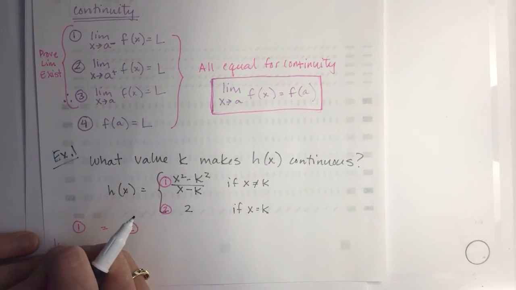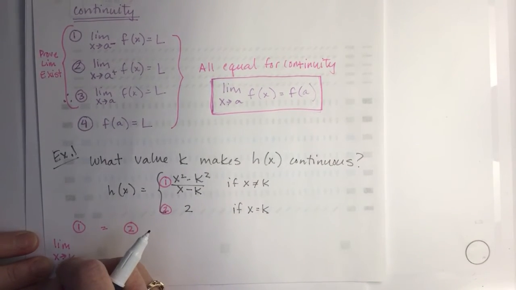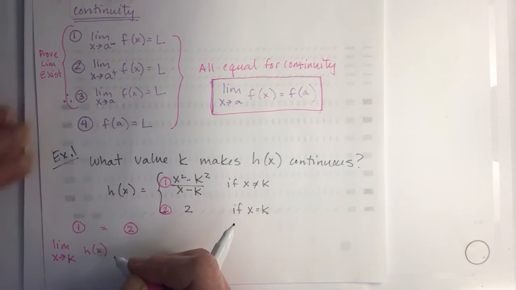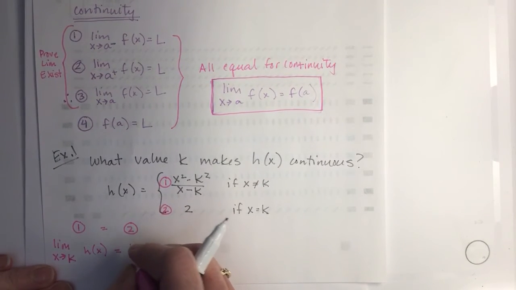So we're going to say the limit as x approaches k of h of x is equal to h at k.